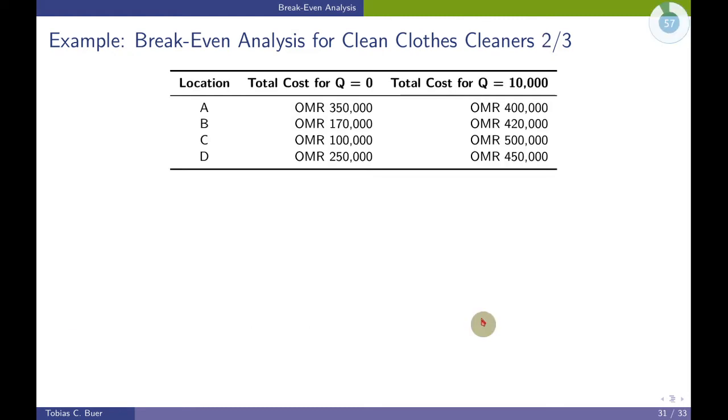Okay, let's draw the cost curves. For each straight line, we need to identify 2 points. One point can always be a sales volume of 0 units. Then the first point is always equal to the fixed cost.